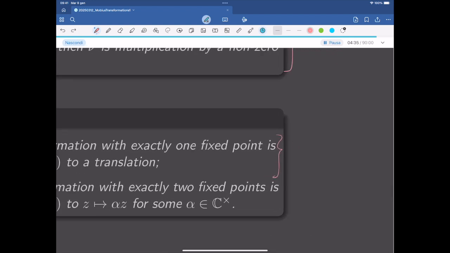Let's say that the fixed points of nu in C bar, suppose that this is just a complex number w naught.